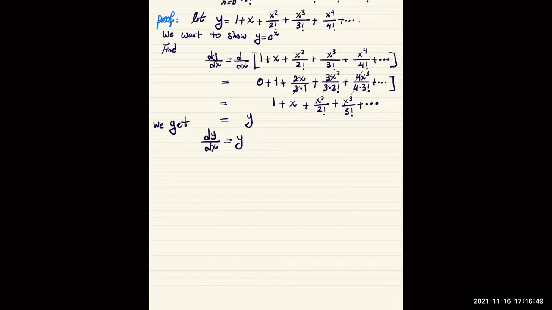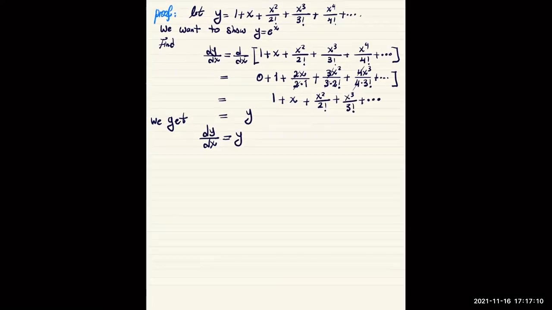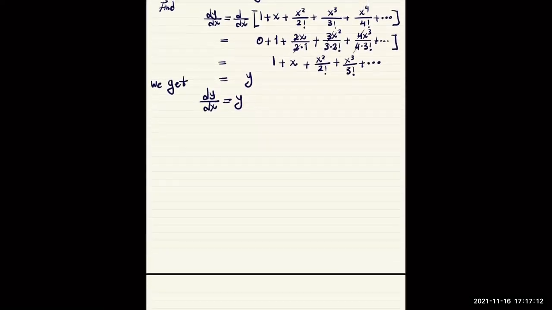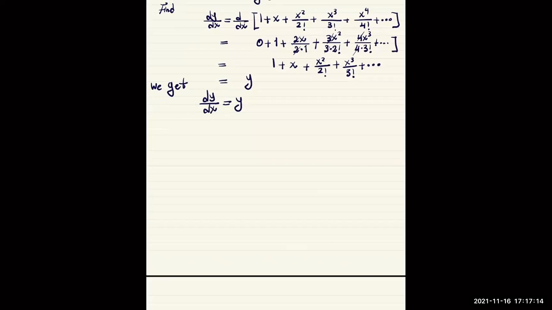This is a differential equation. Dy dx equal to y is a differential equation. Remember differential equations, section 7.5. We can solve this differential equation by separating variables. You can multiply by dx, you can divide by y, write it as dy over y equal to dx.